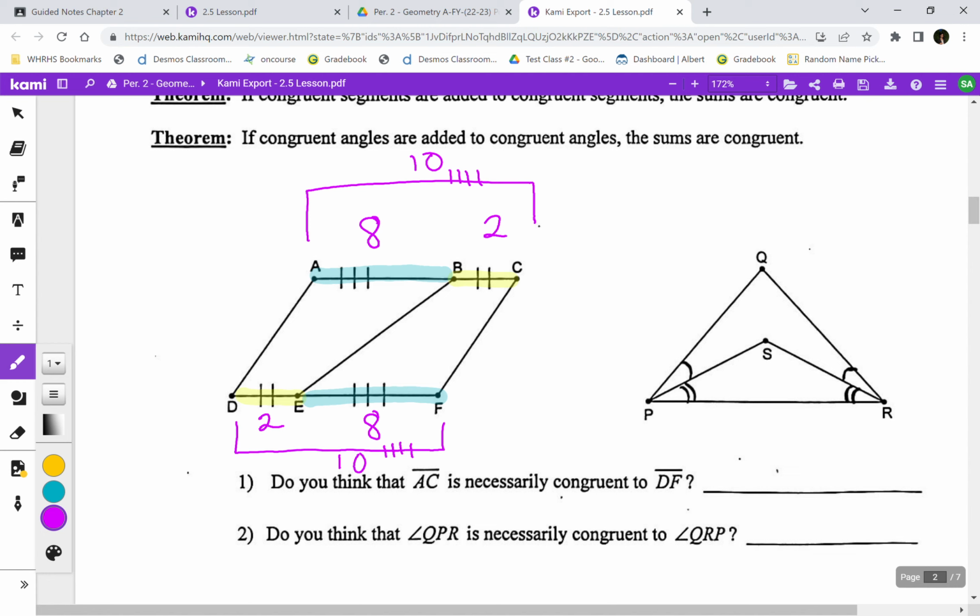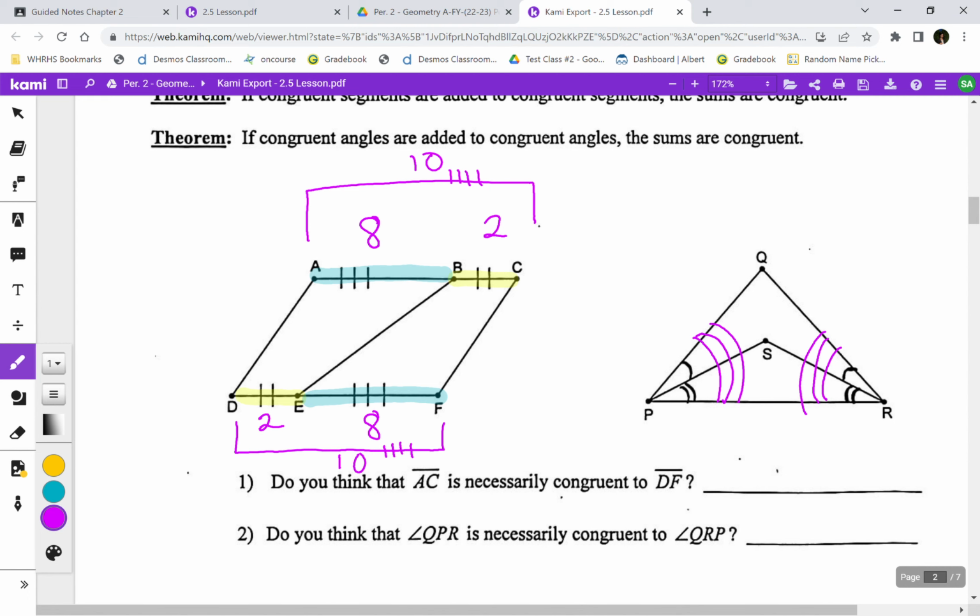So it's adding parts together, but their sums are congruent. You could do the same thing with angles. Do you see how this bottom angle has 2 loops and 2 loops, and the top angle has 1 loop and 1 loop? We can conclude that this whole angle is congruent to this whole angle. Because if you look, angle QPR is split into 1 loop plus 2 loops.